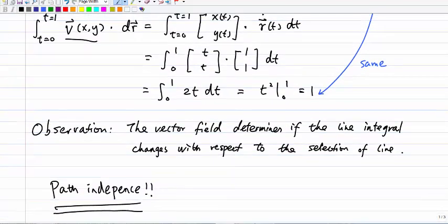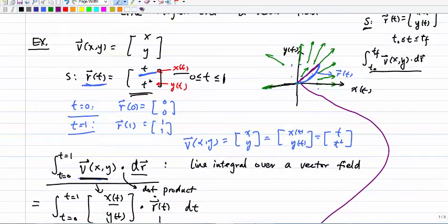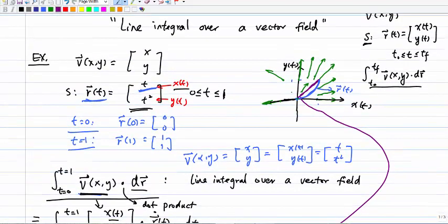Path independence is important because a lot of times, I could give you a very complicated path, for example a very random path like this, starting from (0, 0) and ending at 1, but a really weird path for you to calculate.